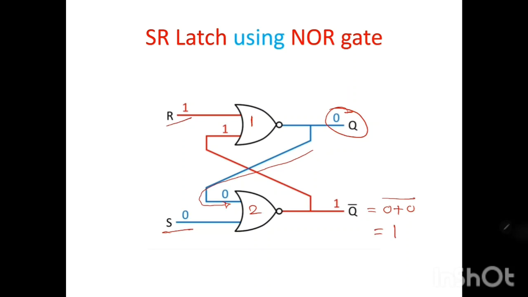Means in this case, when S is equal to 0, R is equal to 1, Q becomes 0 and Q bar becomes 1. This is your reset state. Means in reset, the output is 0.